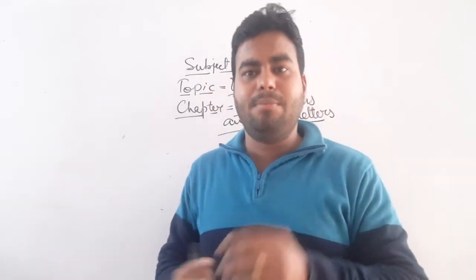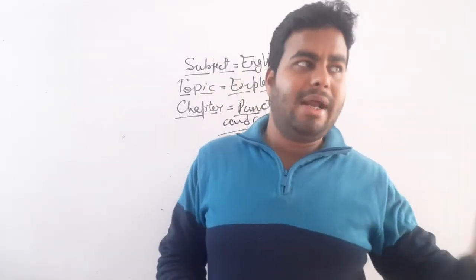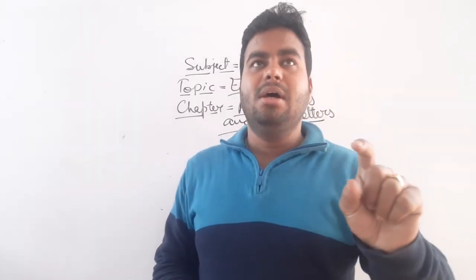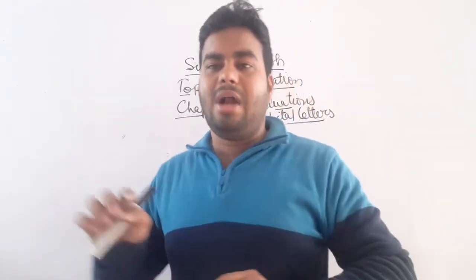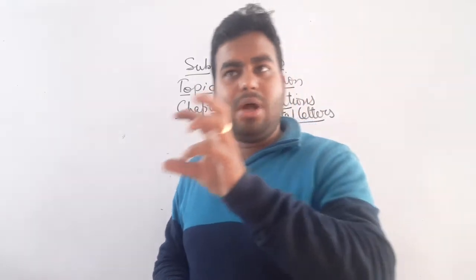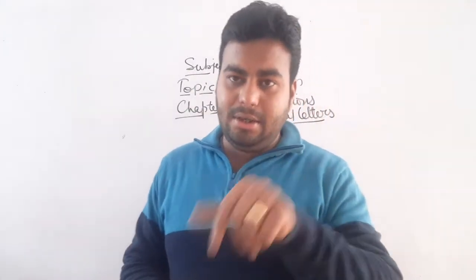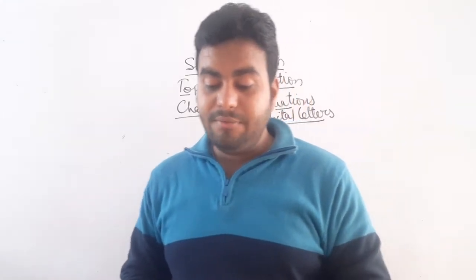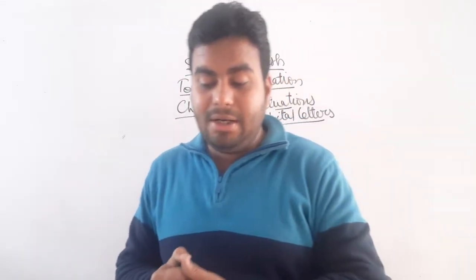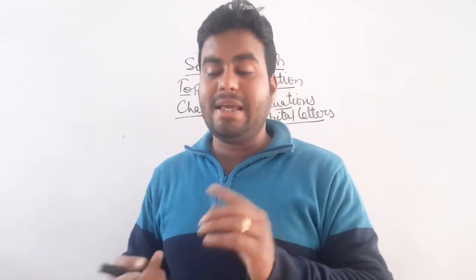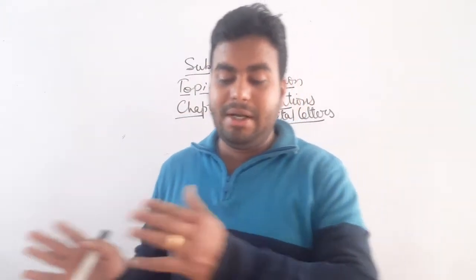Whenever we are writing a proper noun, like I am writing this is a pen of Ram. So for Ram, I will use R in capital because it is a proper noun. We use the first letter as capital when we are naming days, months, etc. Like Sunday, Monday, January, February.